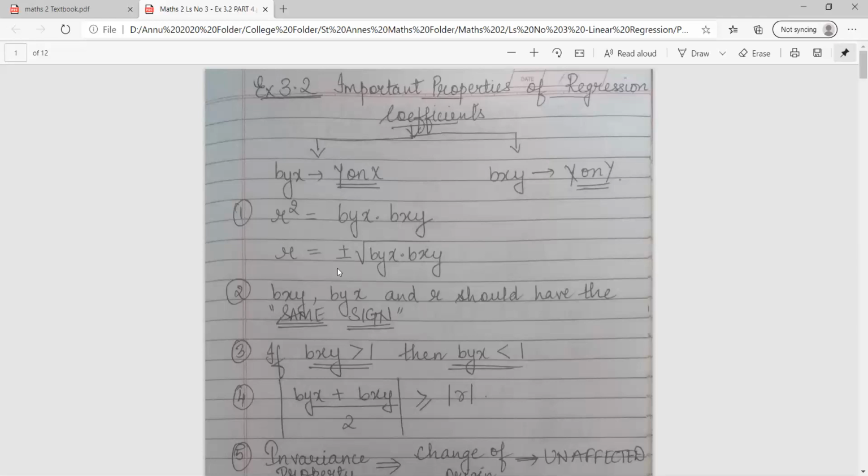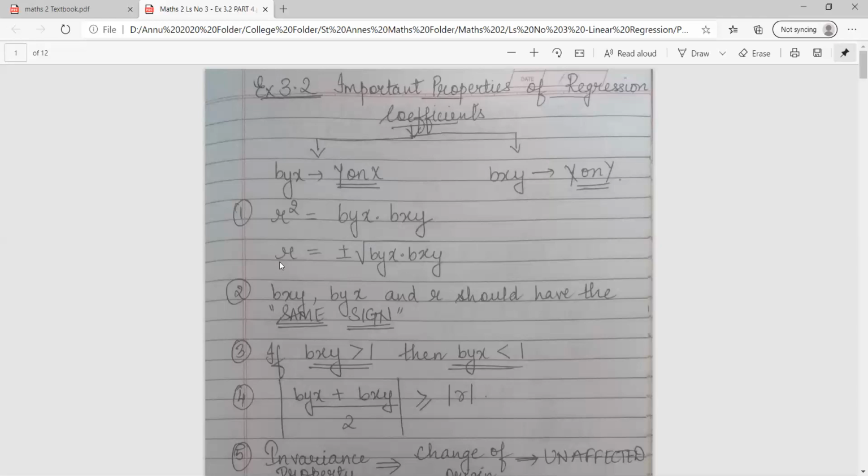So the very first property is r is equal to plus minus root of byx into bxy. You have to remember this formula because this is a really very important formula. So r is equal to plus minus root of byx into bxy.